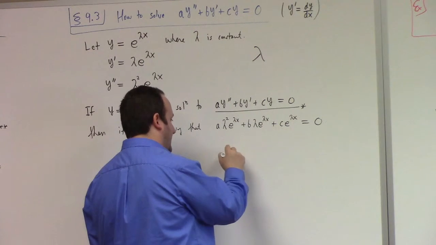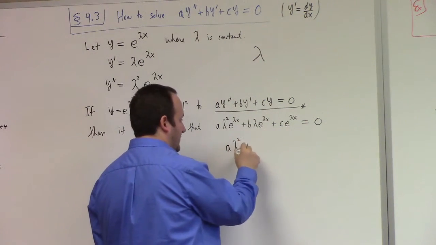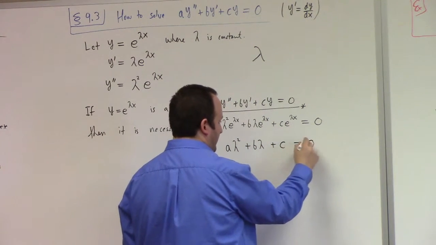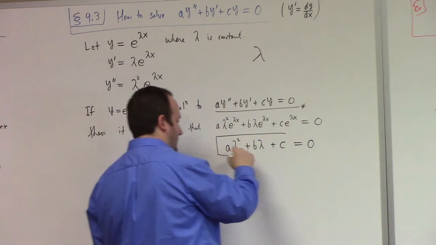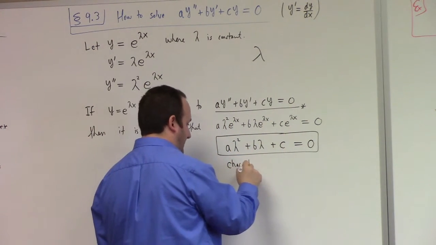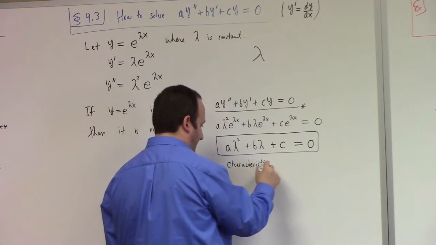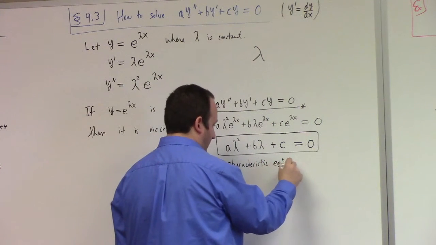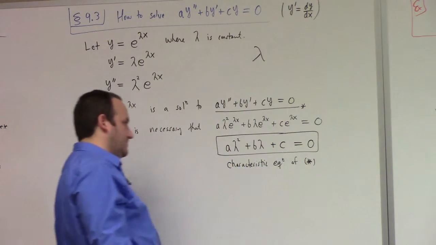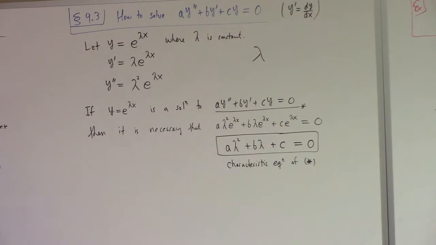So that's lambda squared plus b lambda plus c equals 0. This is the so-called characteristic equation of star. Its solutions characterize, in fact, the solutions of star.